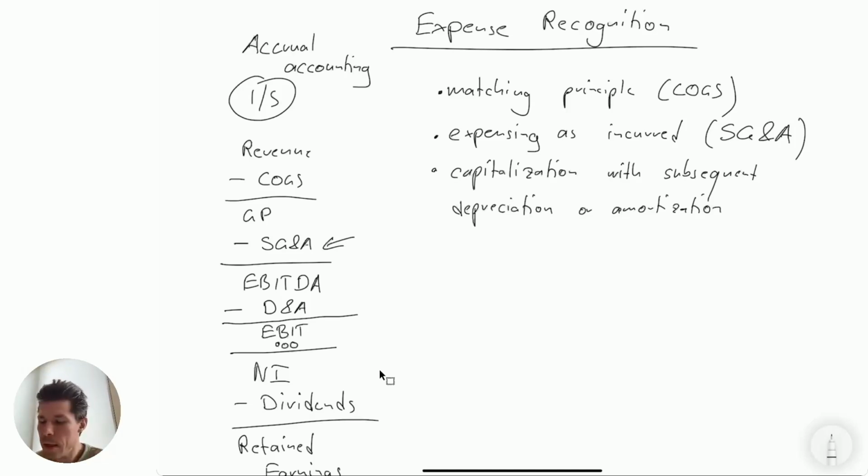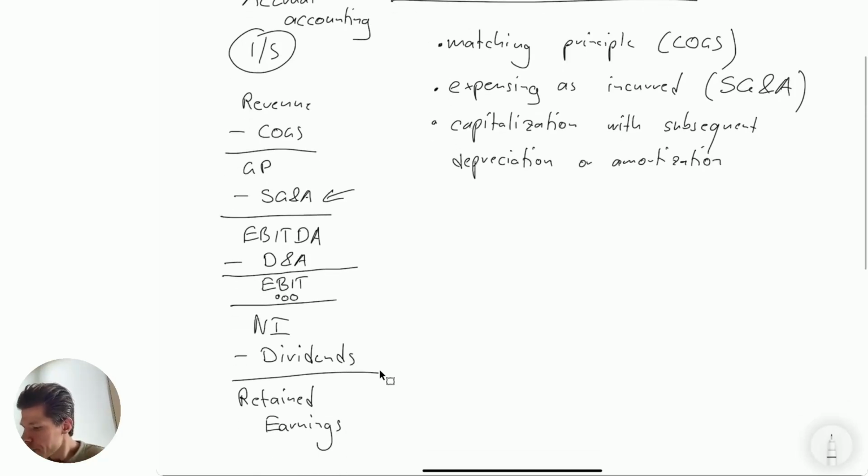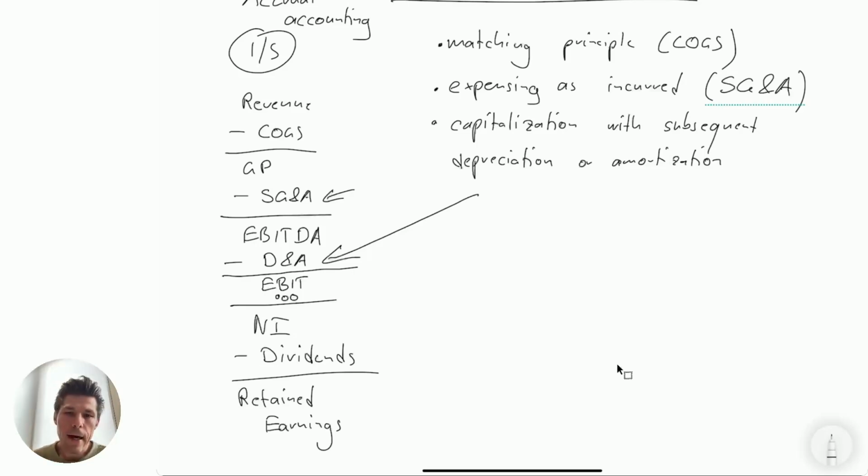And the last one is capitalization with subsequent depreciation. So if there are certain costs, for example, long-lived assets, property, plant, equipment, there are different rules under IFRS and US GAAP in terms of what needs to be expensed and capitalized.